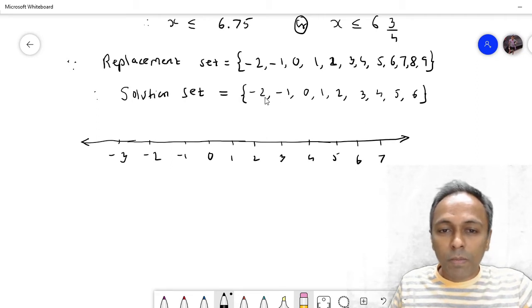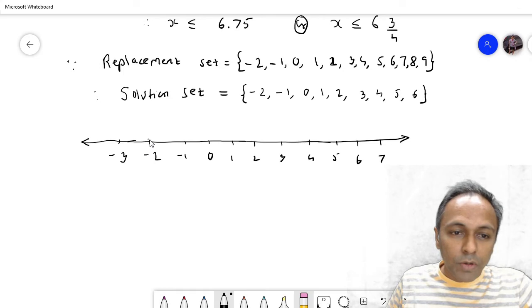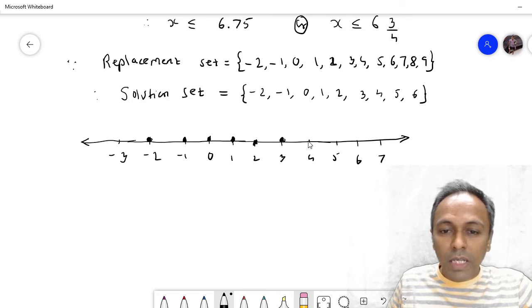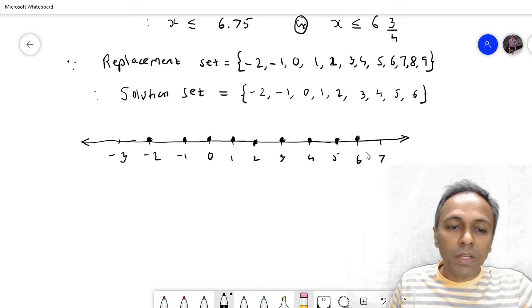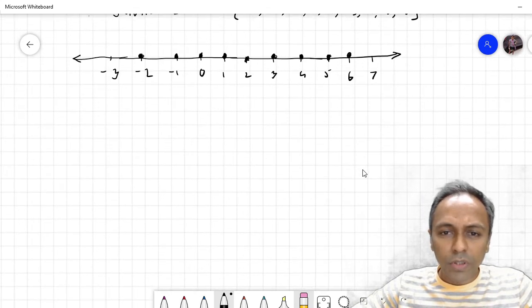We want to mark all these integers on the number line. You have already seen the previous video, we have taught in detail. So we will highlight, we will darken every element that we have written in the solution set till 6. This is your answer. I hope you have got this.